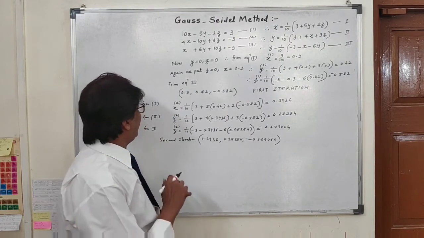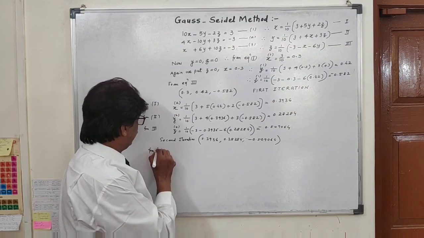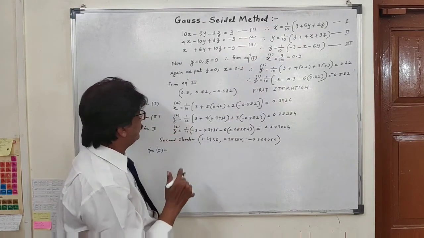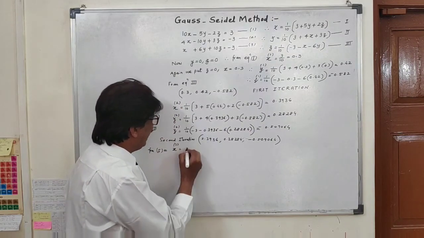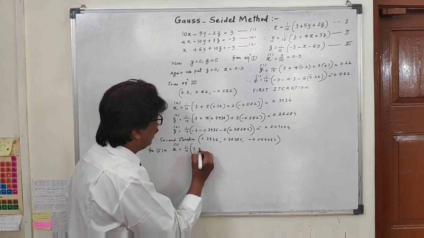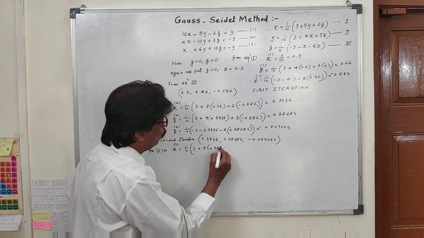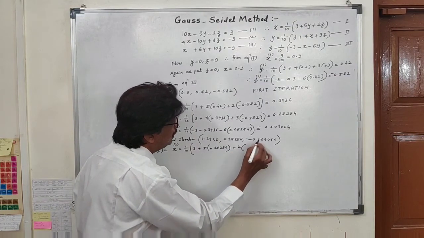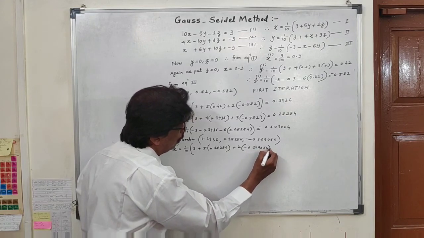Now, third iteration from equation 1 again. We are using these 3 equations throughout. The third iterated value of x, the formula is 1 by 10 times 3 plus 5y, the recent value of y is 0.28284, plus 2z, the recent value of z, minus 0.509064.